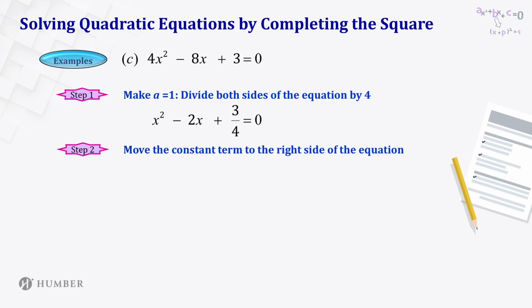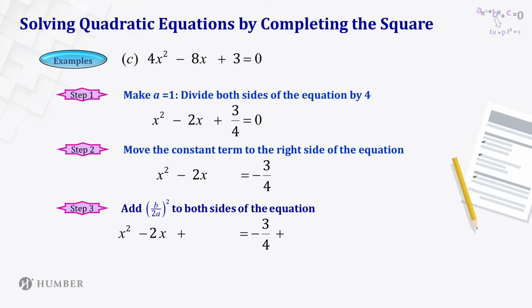Move the constant term 3/4 to the right side of the equation. Step 3. Look at the coefficient of x term, which is negative 2 in this case. Take half of negative 2, square it, and add that to both sides of the equation.